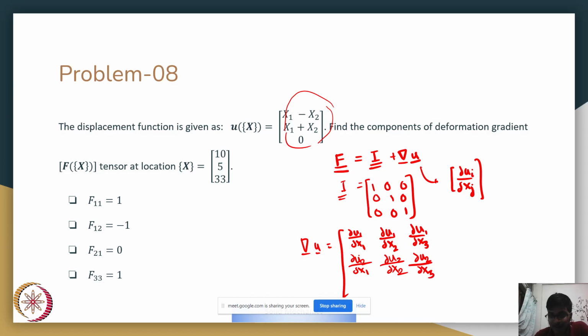One way to go about it is remembering that it is dou ui by dou xj and not dou uj by dou xi. But do you remember this, or do you remember all the terms, or do you remember some simple logic?